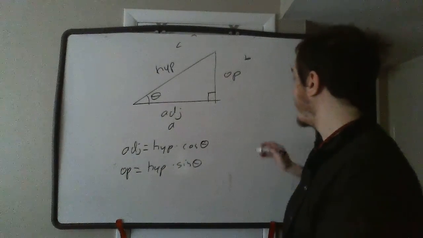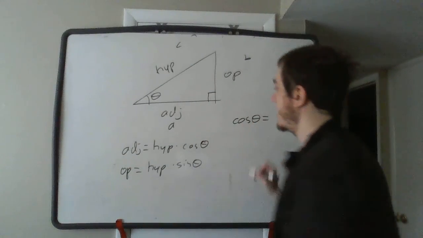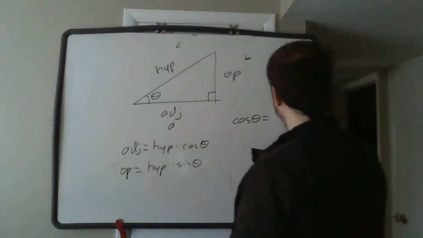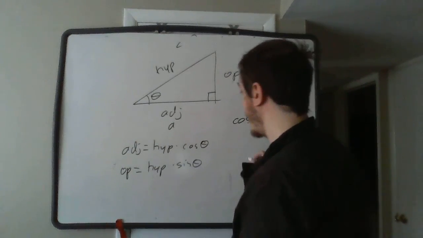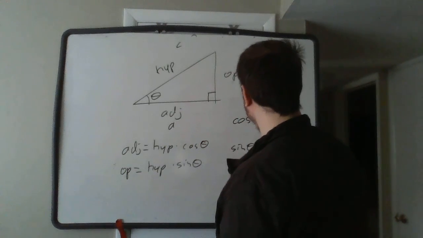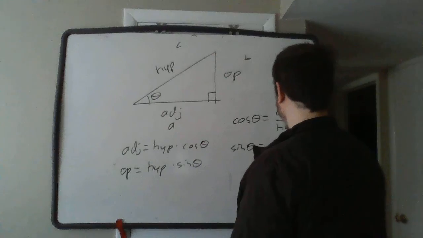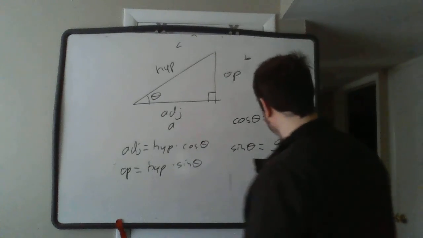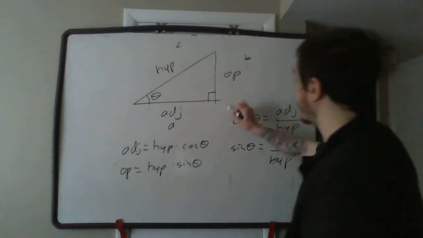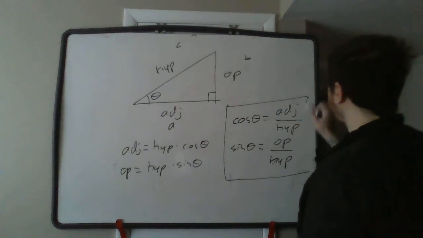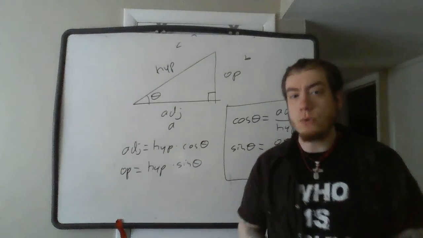Another way of thinking about this is that the cosine of theta is equal to the adjacent side divided by the hypotenuse, and the sine of theta is equal to the opposite side divided by the hypotenuse. That doesn't really look like an H. There we go. Hypotenuse.